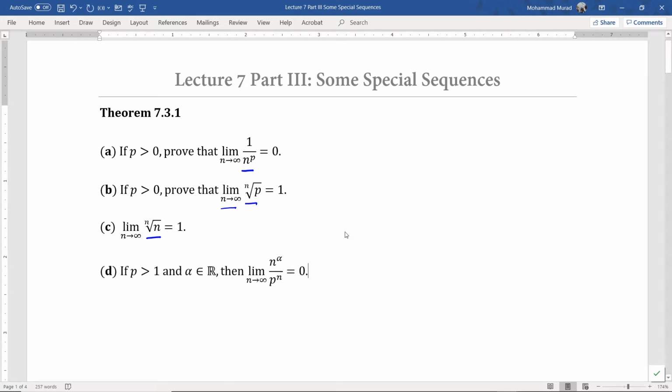If p is a real number strictly greater than 1 and alpha is any real number, then the limit of n to the alpha over p to the n as n approaches infinity equals 0.